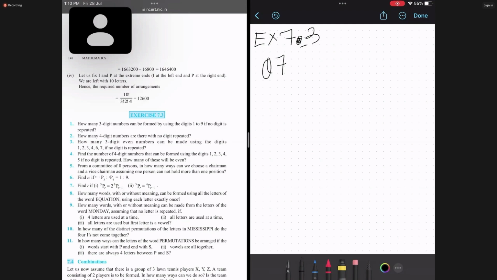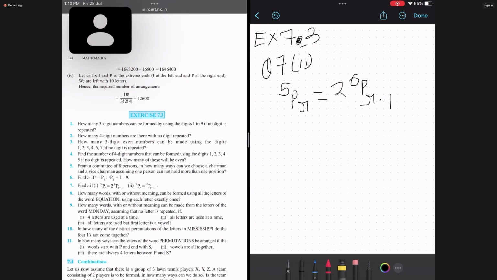In both parts you have to find r. For the first part, the question that has been given to us is 5 P r equals 6 P r minus 1, and we need to solve this for r.